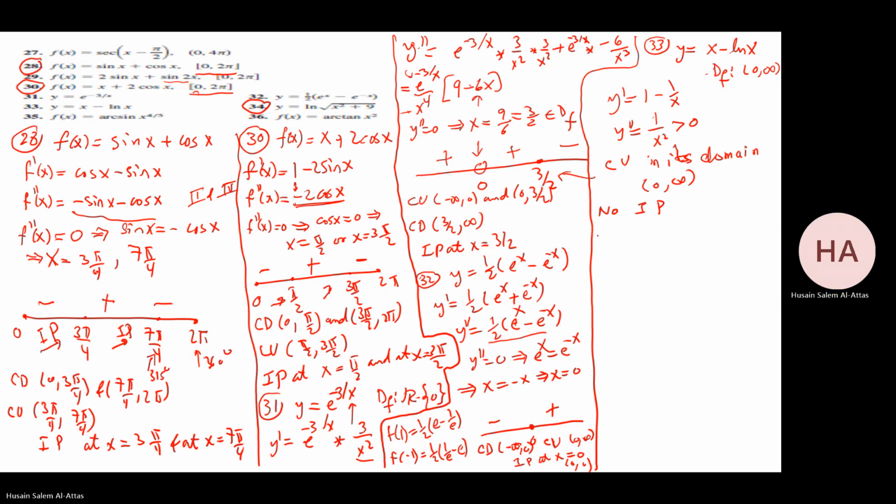34. As you notice, we are doing the same thing, but now with different functions. Then square root of x squared plus 9. Okay, this one I can rewrite as half ln of x squared plus 9. Find y prime. Y prime will be what?